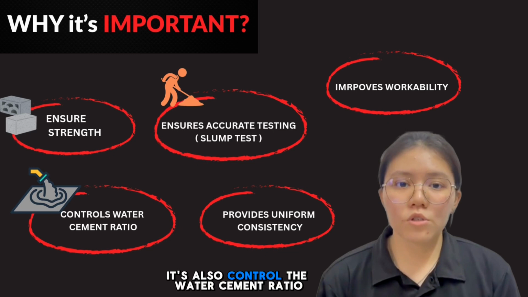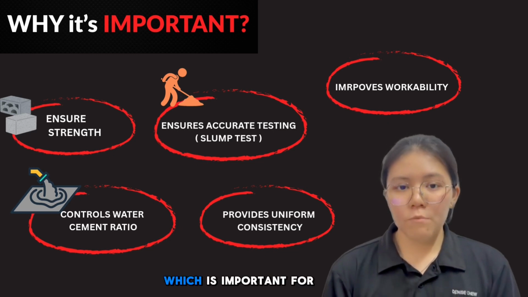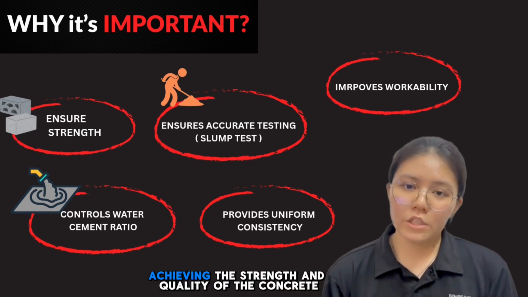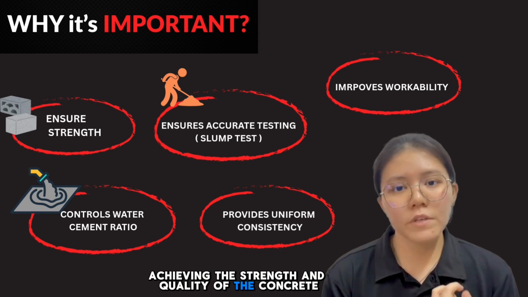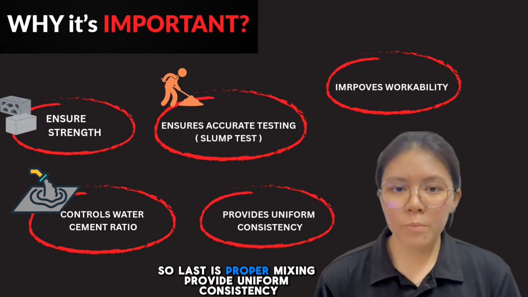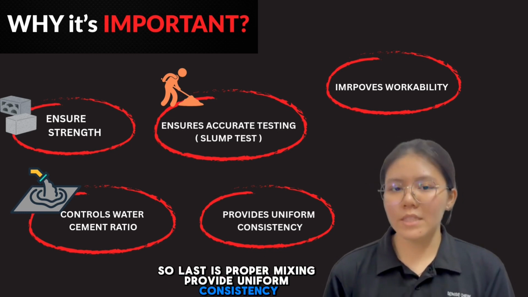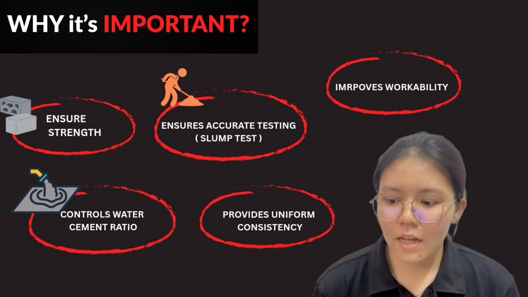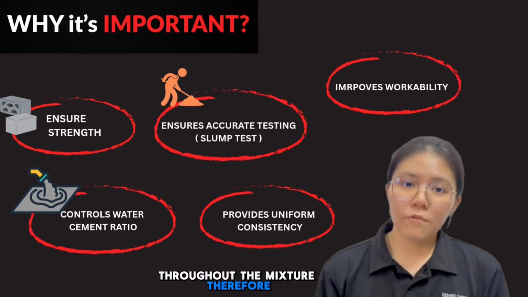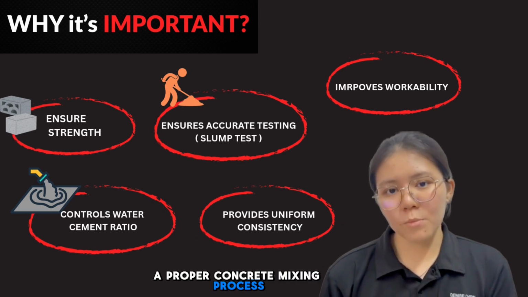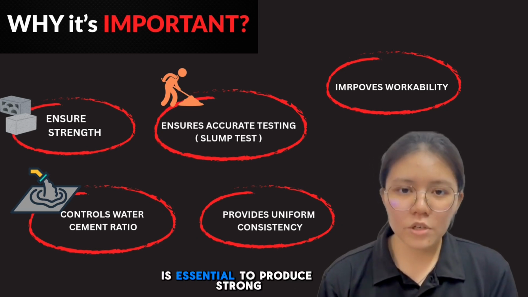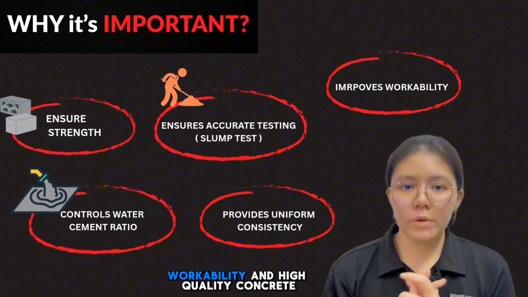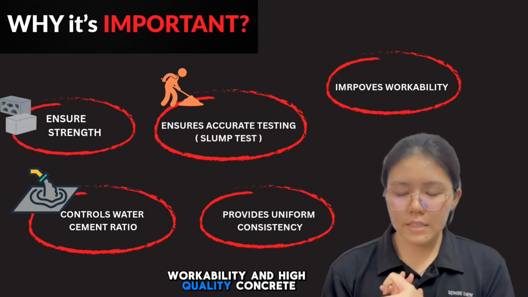It also controls the water-cement ratio, which is important for achieving the strength and quality of the concrete. Last, proper mixing provides uniform consistency, so the concrete has consistent quality throughout the mixture. Therefore, a proper concrete mixing process is essential to produce workable, strong, and high quality concrete.